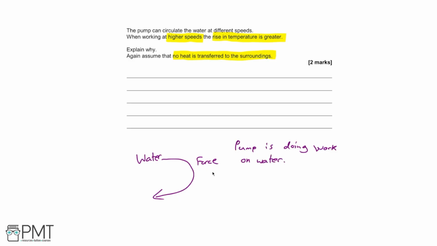However, if the pump continued to just do work on the water repeatedly, without any of that energy being dissipated, then the water would just move faster and faster, which we know is unphysical. In reality, that work will be dissipated as thermal energy in the water.